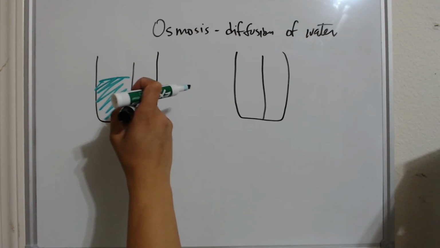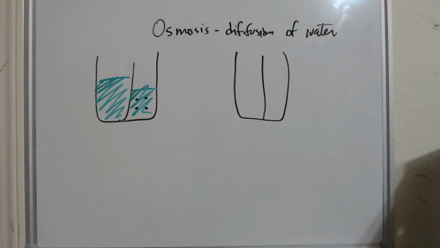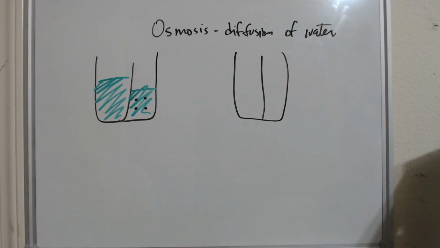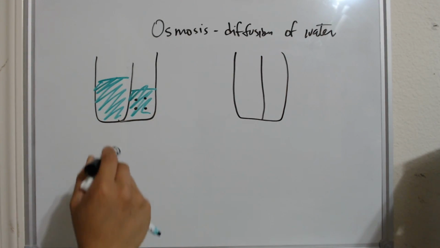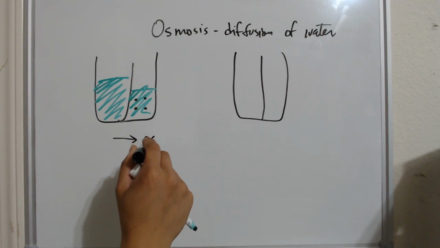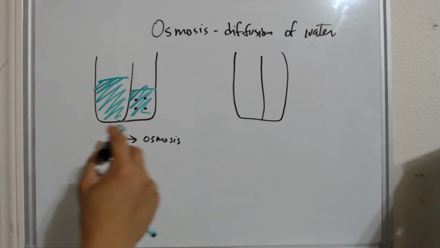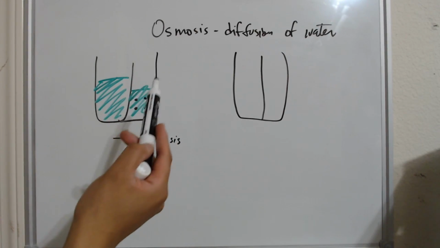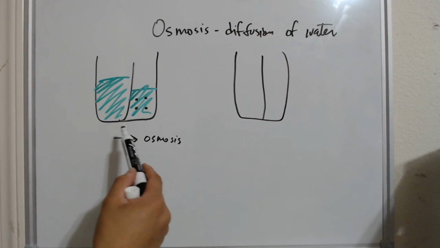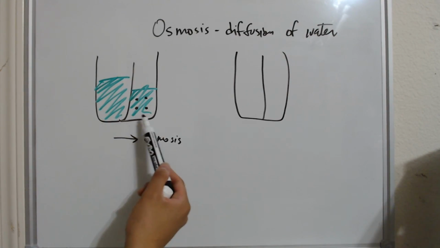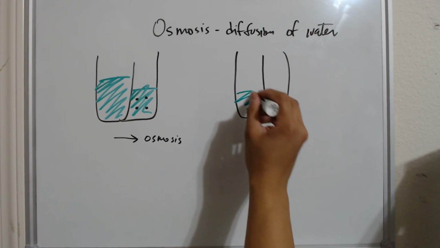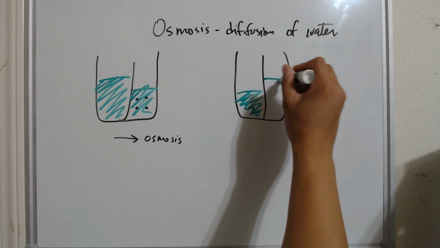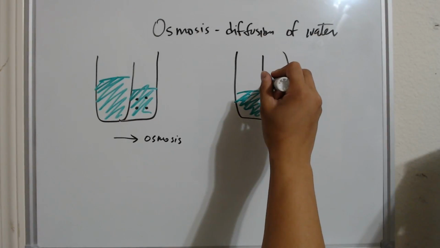Membrane is only passable by water, and so the water will of course move because of osmosis this way, because of diffusion, of course, because diffusion happens when there's a gradient. There's a gradient of water, more concentration here compared to here, will move this way. So let's say the water level becomes like this, and then this water level becomes like that.